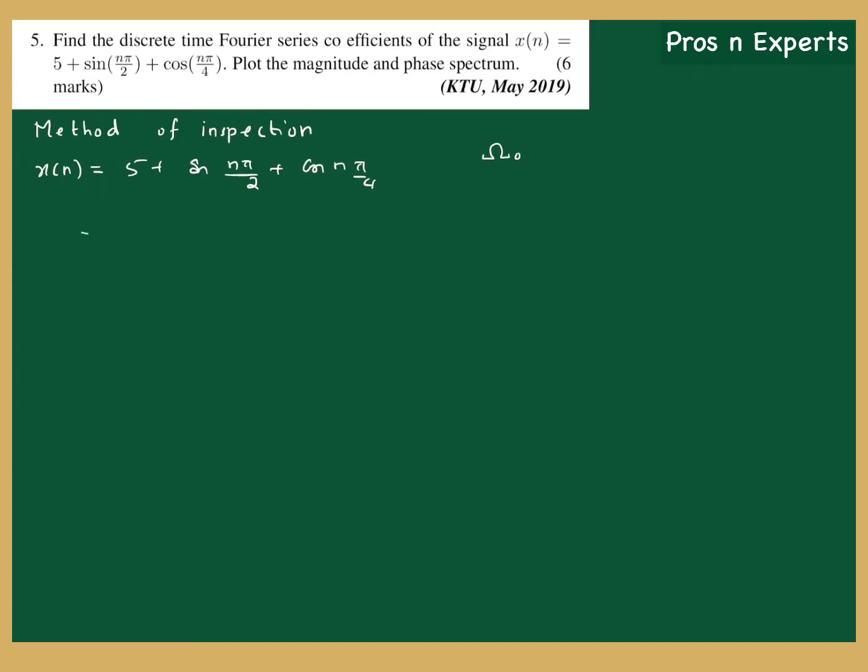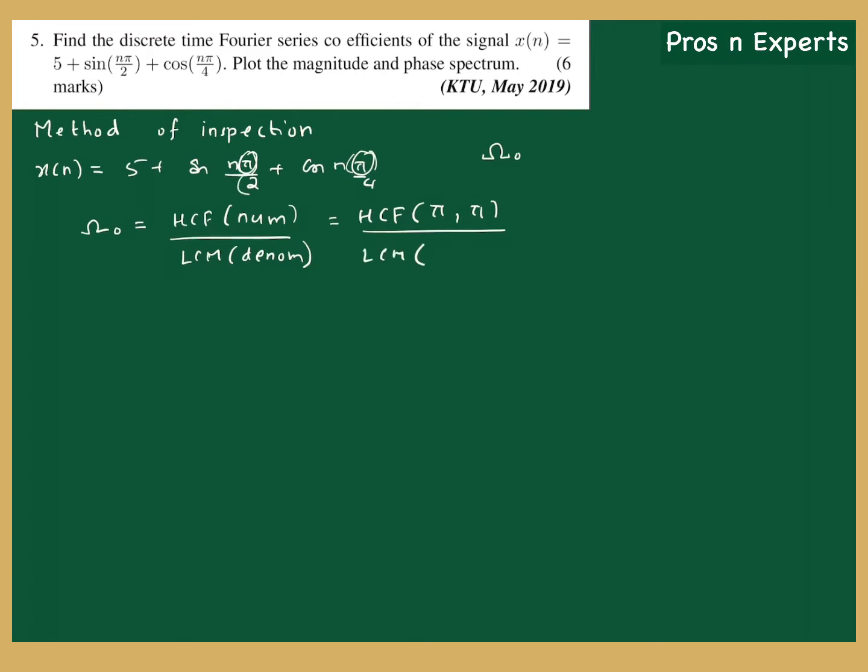What we did was omega 0 is equal to HCF of the numerator divided by LCM of the denominator. I think you might be remembering this. When referring to the numerator, I am referring to the argument of sine and cosine. So in the numerator we have pi comma pi, divided by the LCM of the denominator, which is 2 comma 4.